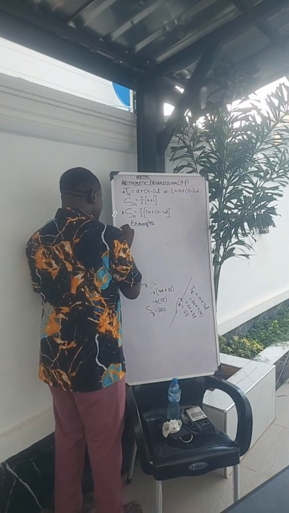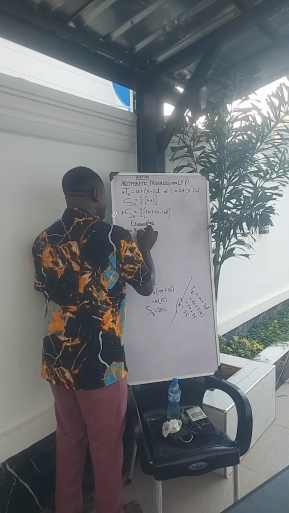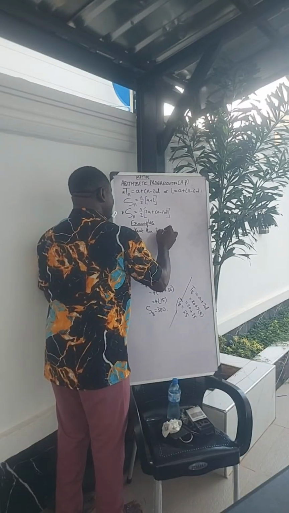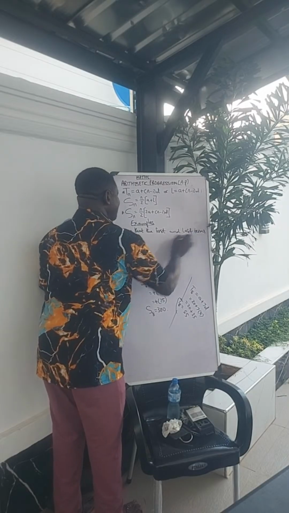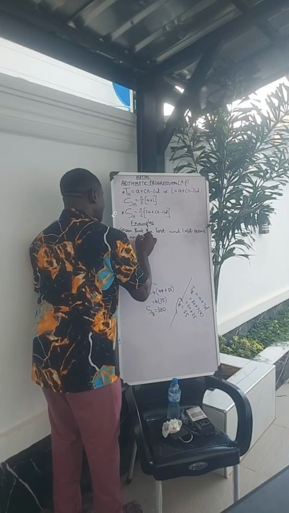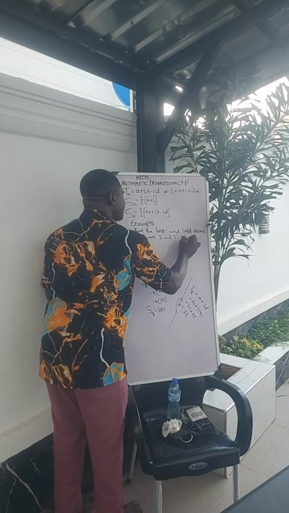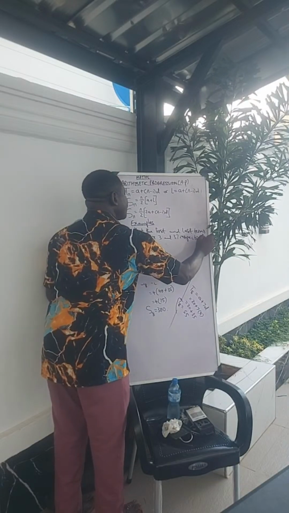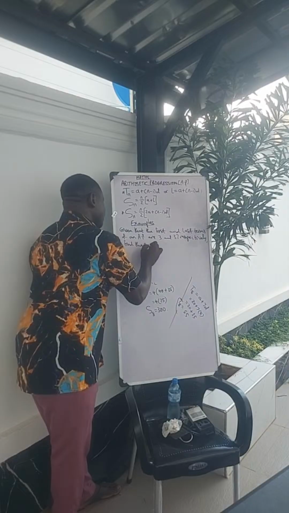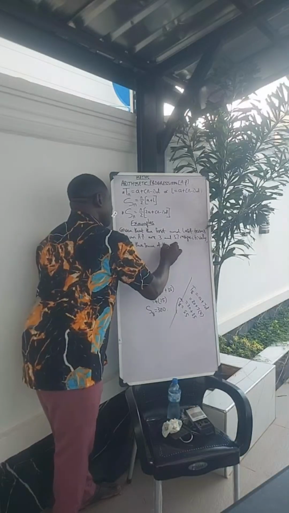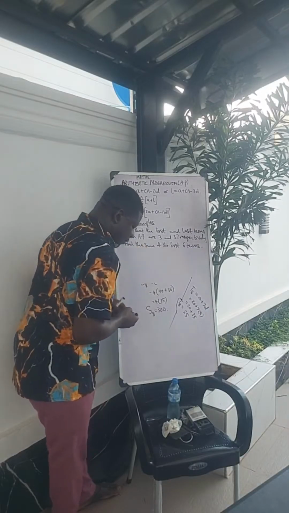So, had it been this question was in this way: given that the first and last terms of an AP are 3 and 37 respectively, and you are being asked to find the sum of the first 6 terms.